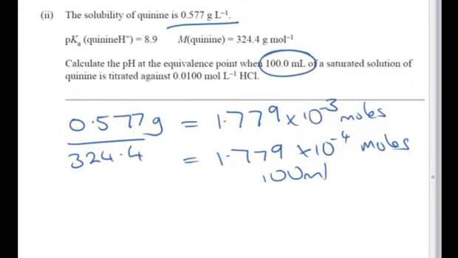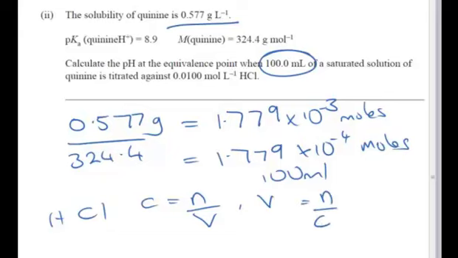Now if we look at the HCl, we know that concentration equals moles divided by volume. So the volume is going to be moles divided by concentration.